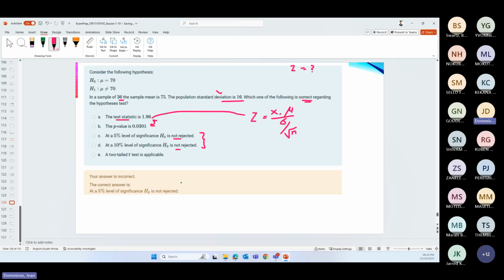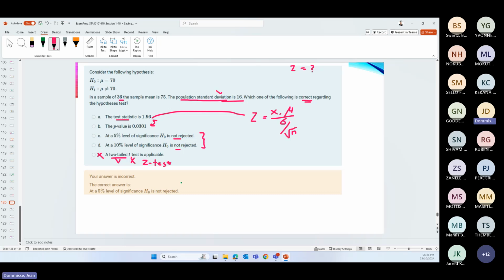Okay, we want the correct one. Two-tail is right, but because population standard deviation is known, it's not a t-test, it's a z-test. I just saw two-tail, and that was nearly where my head was going, but that is incorrect because it's a z-test and not a t.